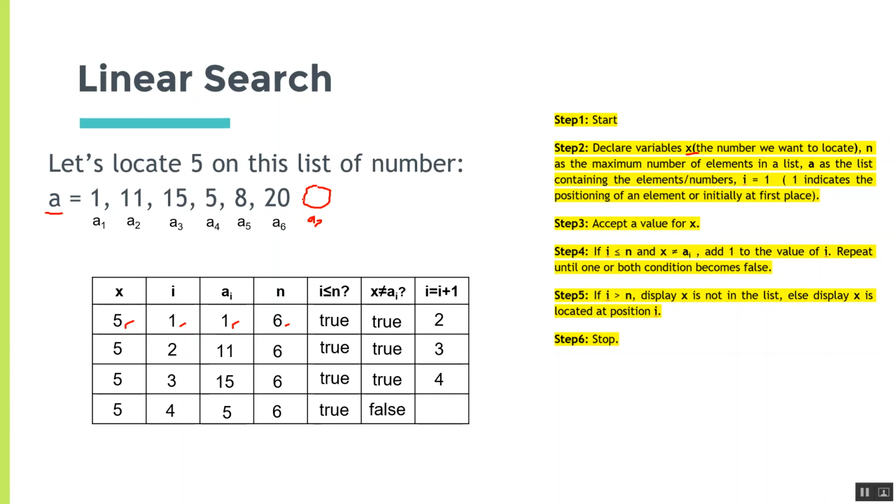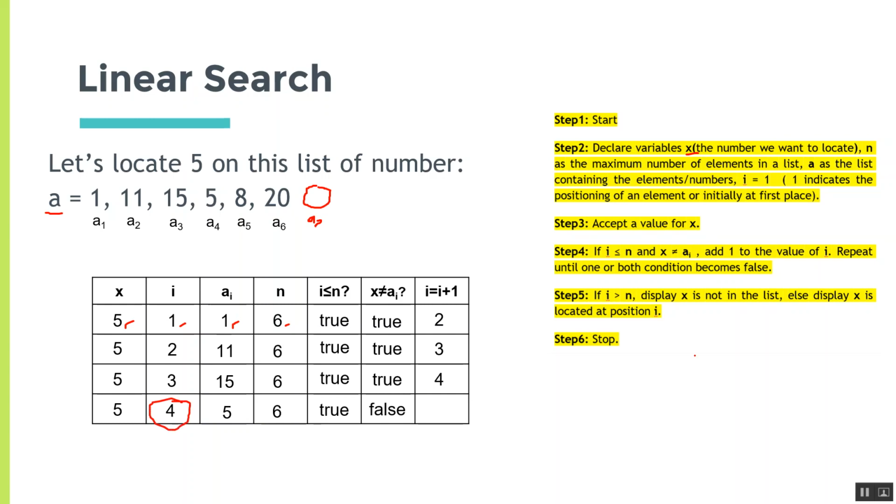Else, if that's not the case, we have to display x is located at position i. So we end up here, since x is equal to a sub i, so we end it here. We're not able to add 1 to i, so the ending value of i is 4.